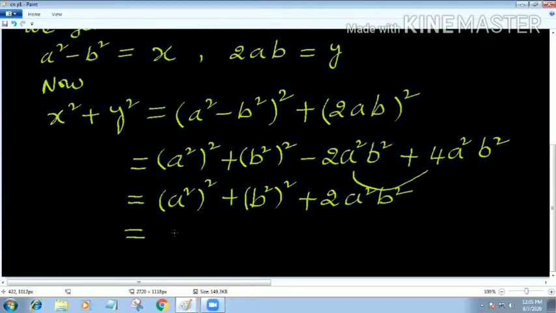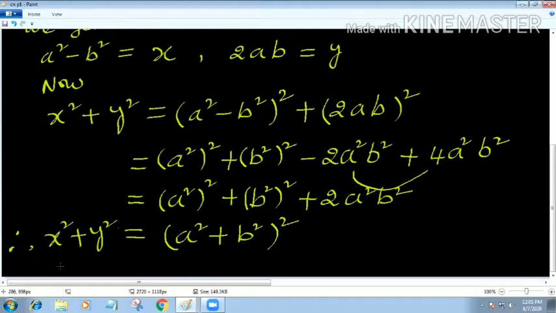The right side is in the form a square plus b square plus 2ab, that is (a plus b) whole square. Here (a square plus b square) whole square. This is what is required, the value of x square plus y square.